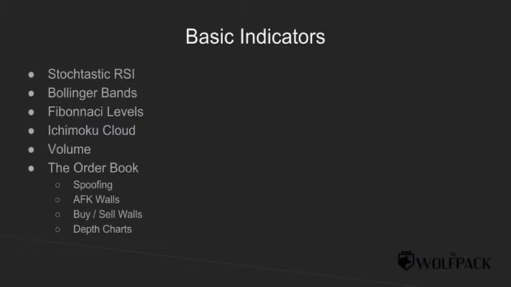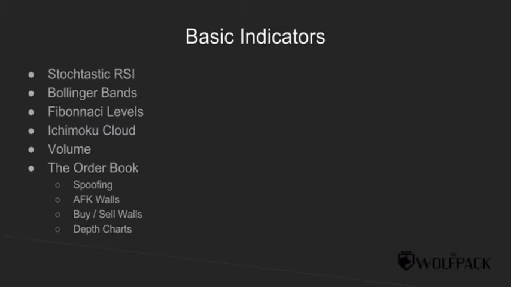The main indicators that I really do use are the stochastic RSI, the volume, and at times the order book. As far as the Bollinger Bands and the Ichimoku Cloud, I don't use them that often.